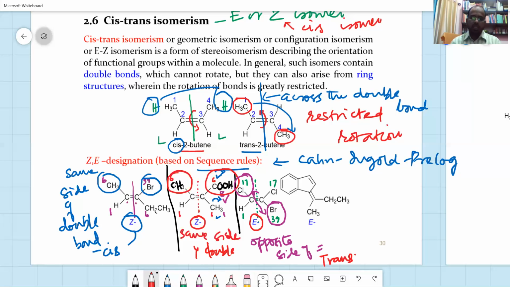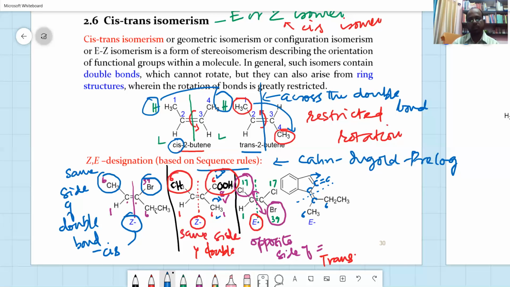Okay. Now you will have something which is very complex. So you look at this. This is the C double bond C. If you draw a line across this, you will see 6 here and you will see 6 here. Okay. Now you have C double bond C. This is written like this. Okay.